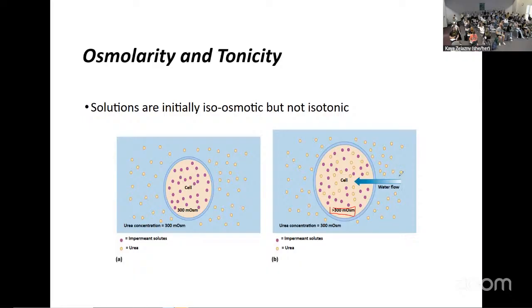Now we start to see the water flowing along this new gradient that we're creating after we've given that first situation some time to settle. So this is why we care specifically about tonicity, because it's really these impermeant solutes that are long-term going to have an effect on water flow.